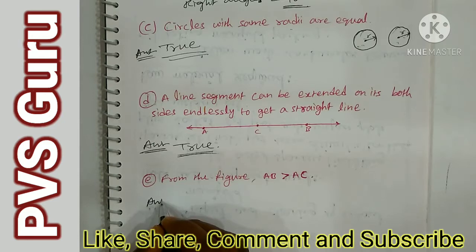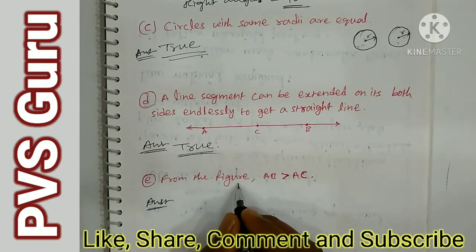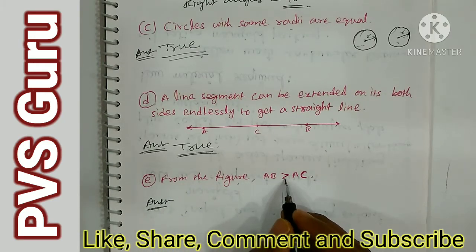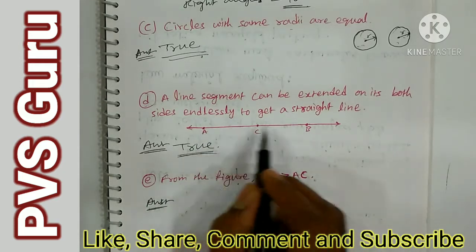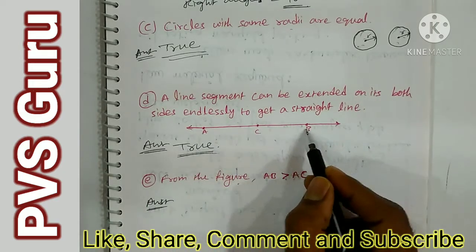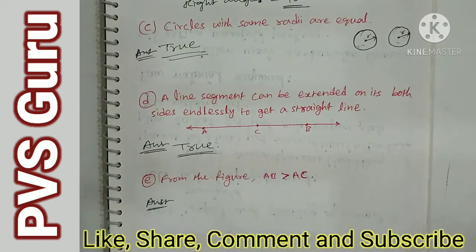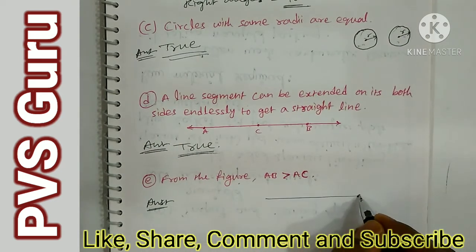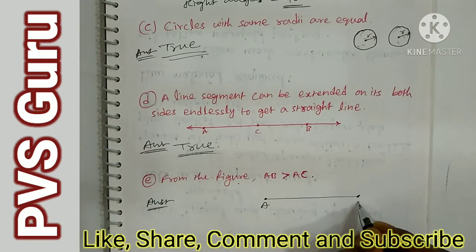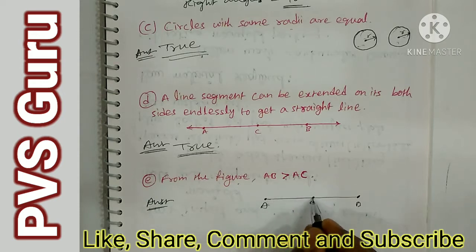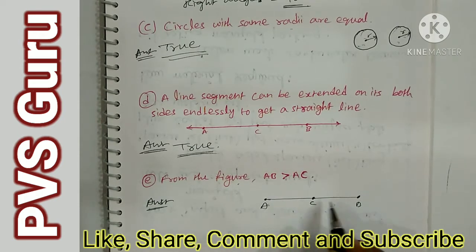And E bit, from the figure, AB is greater than AC. AB is a line segment and AC is a part. AB is the whole.